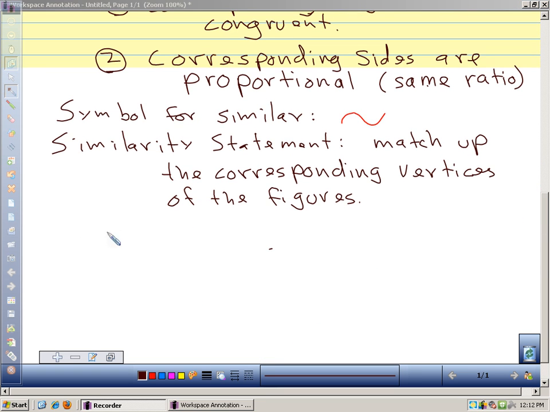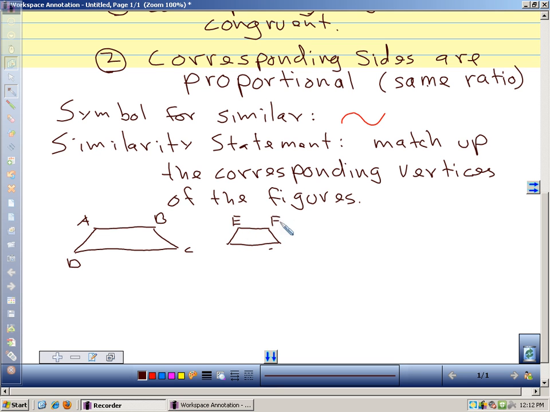So an example of that would be if I had, I'm just going to sketch a couple of shapes here. If I say that these two are similar, call this ABCD and this EFGH, I would say that polygon ABCD is similar to EFGH. This is a similarity statement. It just tells how each vertex matches up.